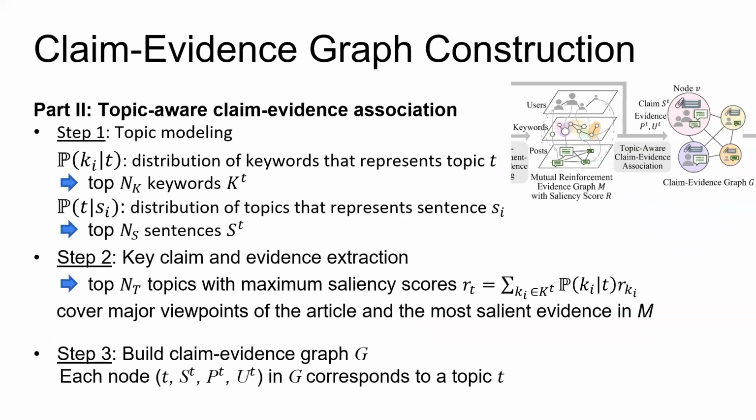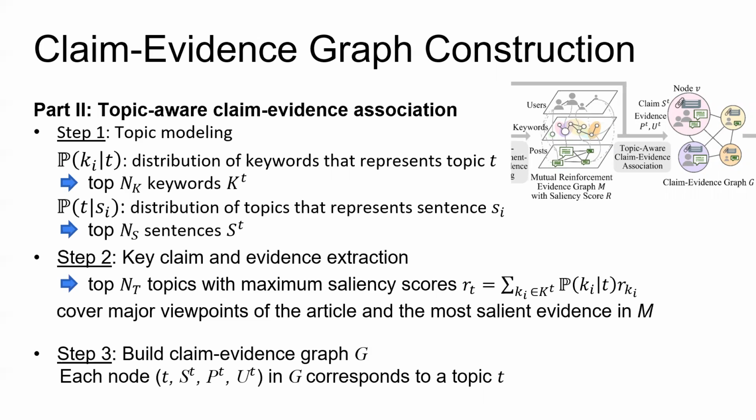And the second step is to do topic-aware claim evidence association. So in this step, we combine the individual importance of each keyword to decide the importance of each topic.